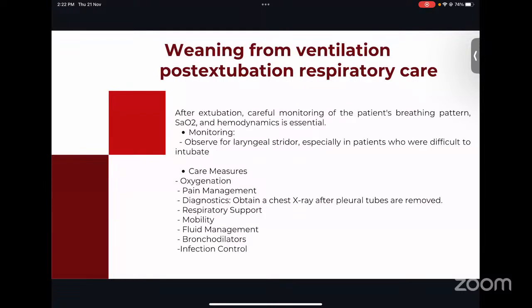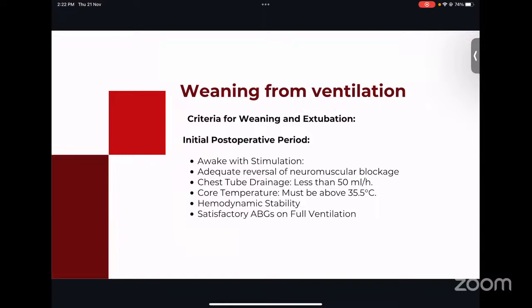Criteria for weaning and extubation. First, awaken the patient with a stimulus; even if you just call the patient, he will be responsive. Adequate reversal of neuromuscular blockade. Chest tube drainage less than 50 ml per hour.